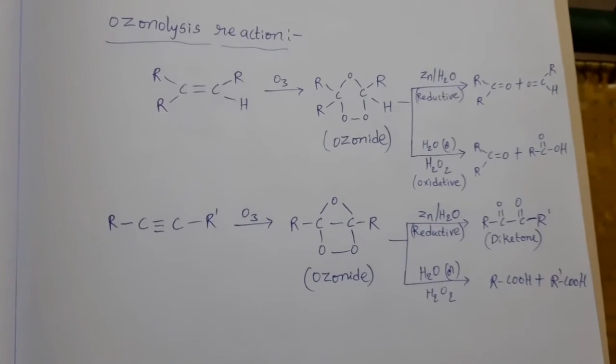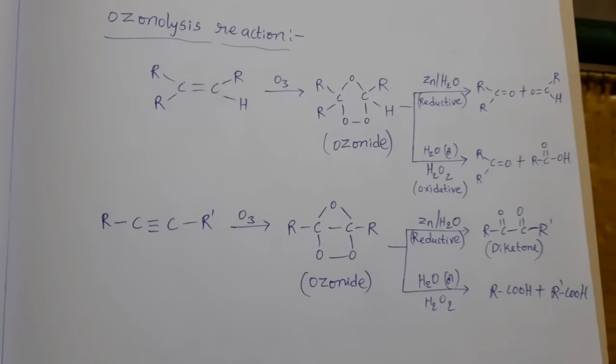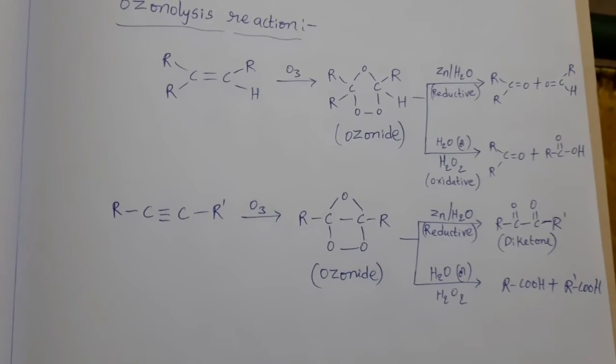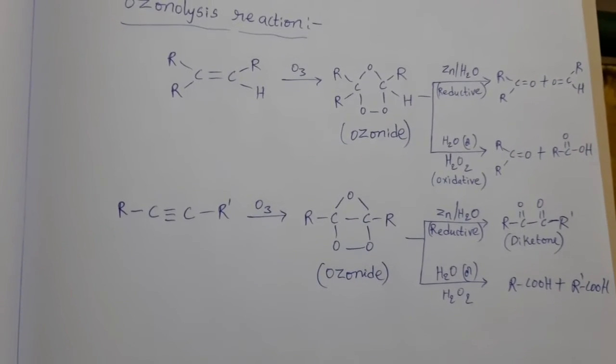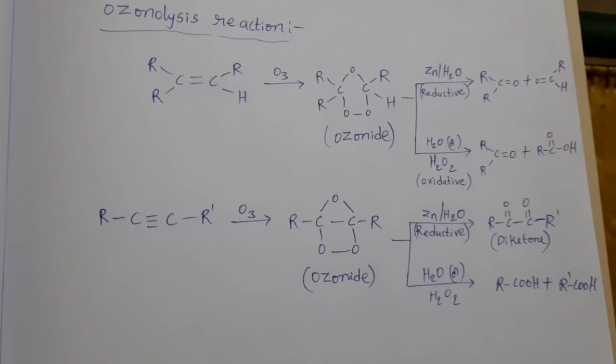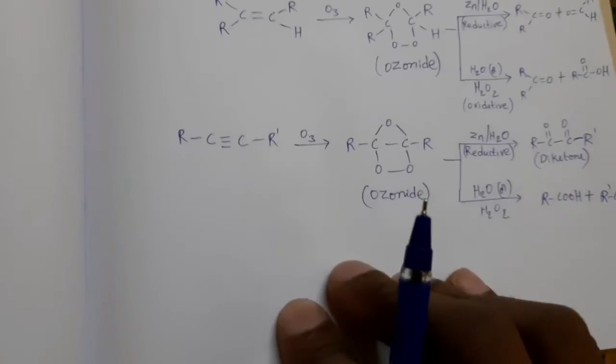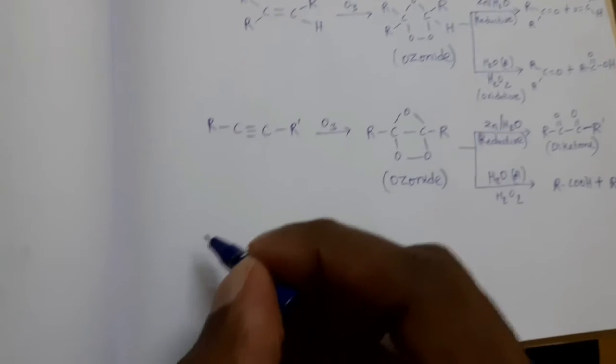Remember, for alkenes, reductive ozonolysis is most common. For alkynes, oxidative ozonolysis is most common. This is an important point. Remember students carefully.